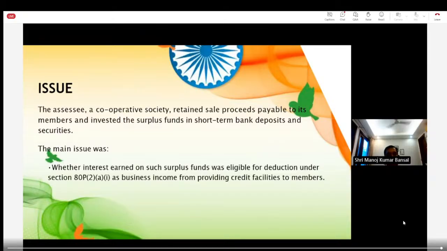The main issue was whether interest earned on surplus funds was eligible for deduction under Section 80P2 as business income from providing credit facilities to members.